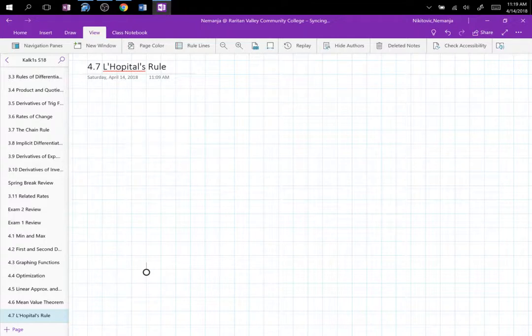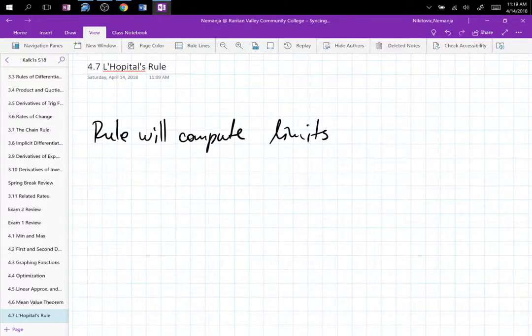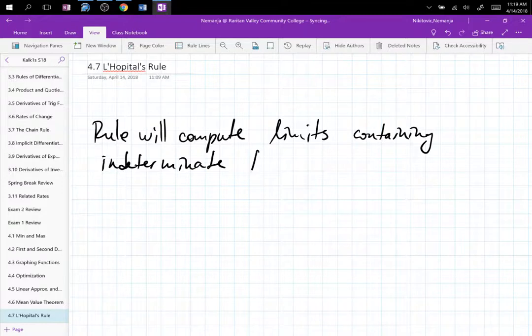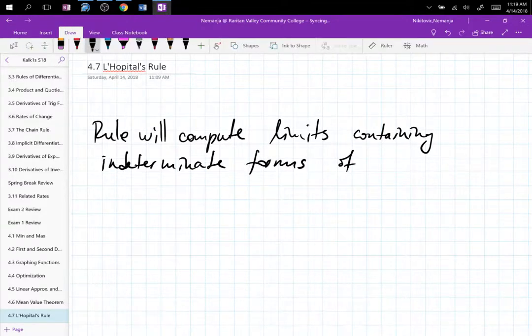So what is L'Hopital's rule? The rule will compute limits containing indeterminate forms of, and here it is in blood, 0 divided by 0 or infinity divided by infinity.